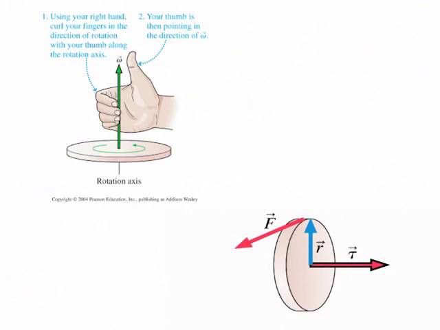When you tighten the screw, you rotate your hand clockwise and your thumb points in the direction the screw goes. When you loosen a screw, your fingers point counterclockwise and your thumb points in the direction the screw comes out, and the screw would rotate and come out.